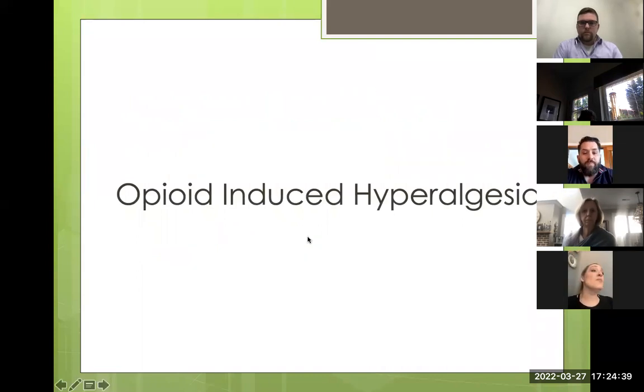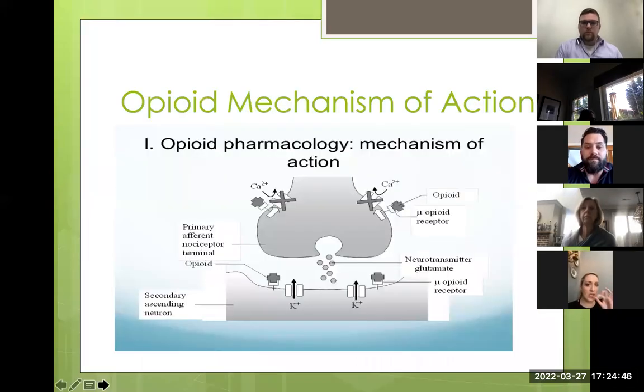With opiates, you can get what's called opiate-induced hyperalgesia. This is just a slide showing how opiates work on the presynaptic neuron.